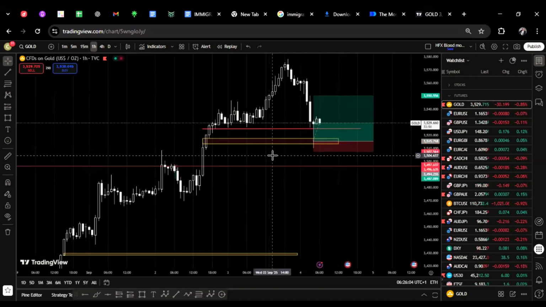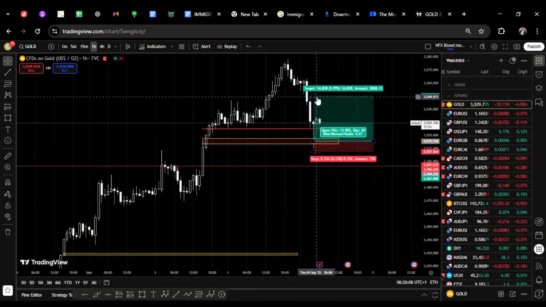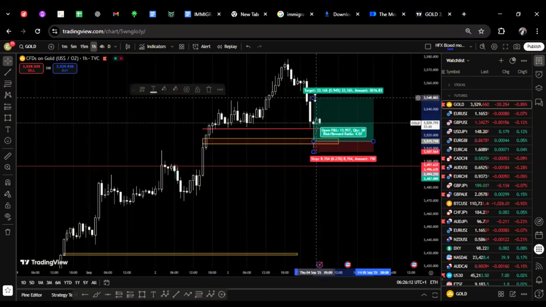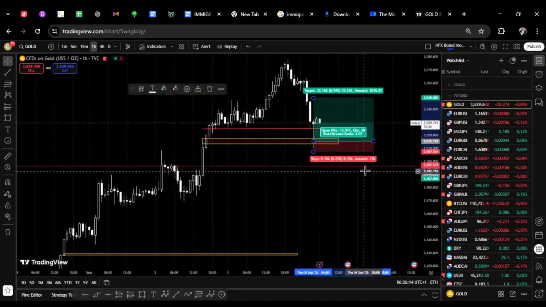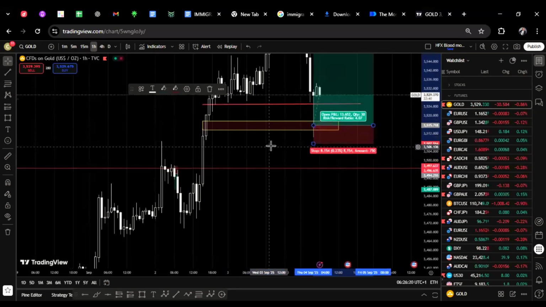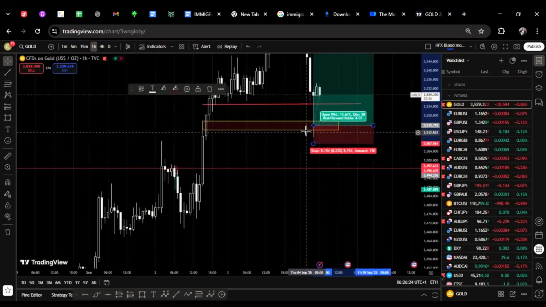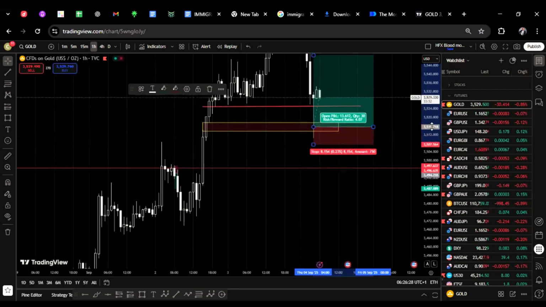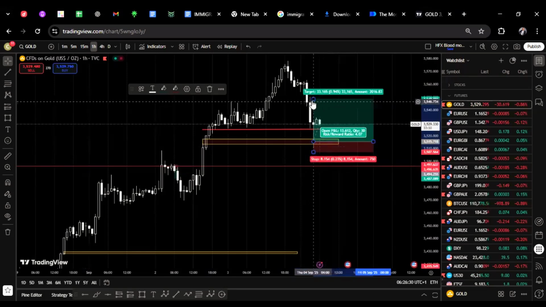But let's just say we decided to target 1:4, right? We are risking 8. When it comes to gold, it's crazy though. This move here can be so big. However, let's say we are targeting this.